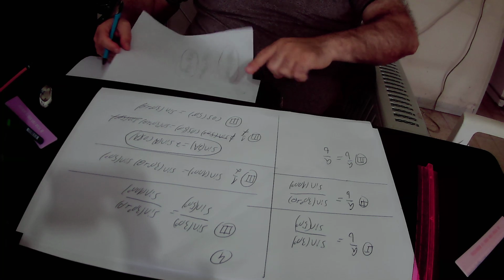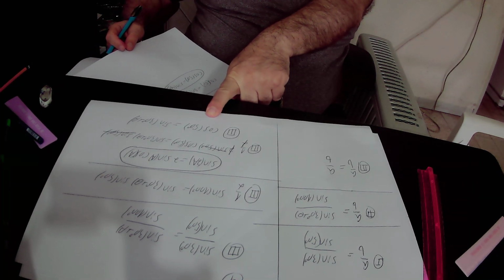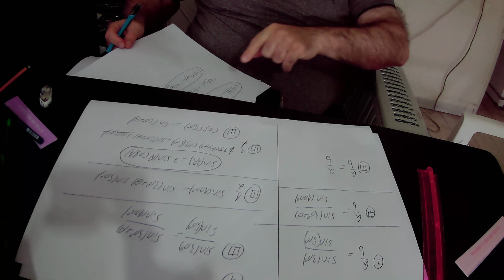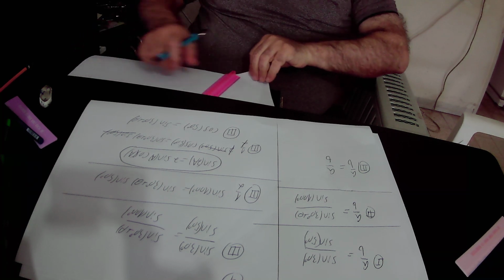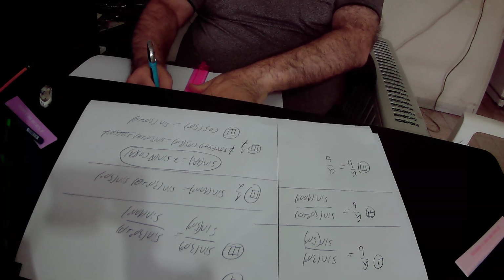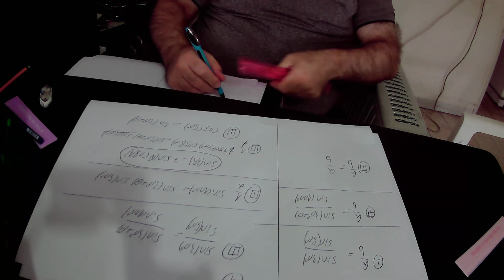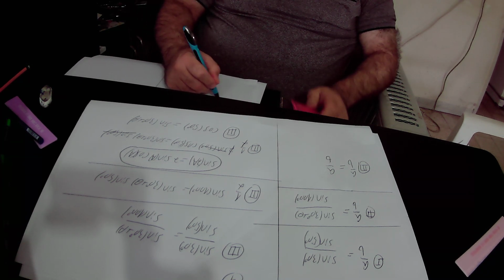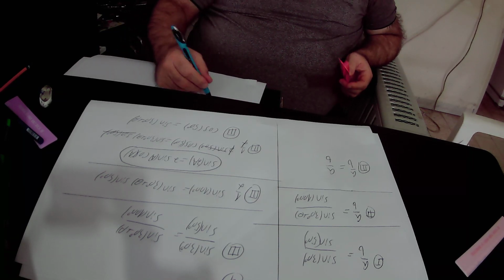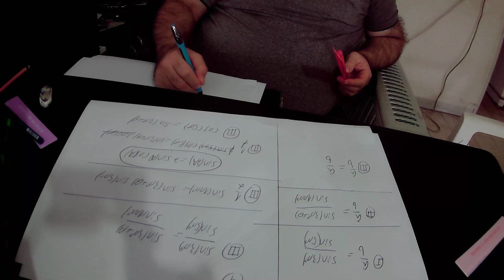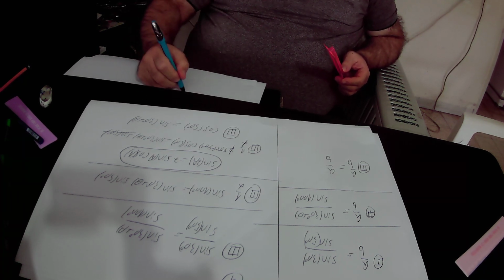Therefore, we can substitute cosine 50 degrees in equation number 3 by sine 40 degrees. So we'll do it now, and we will get that according to equation number 3, sine 40 degrees equals sine 30 degrees plus theta.